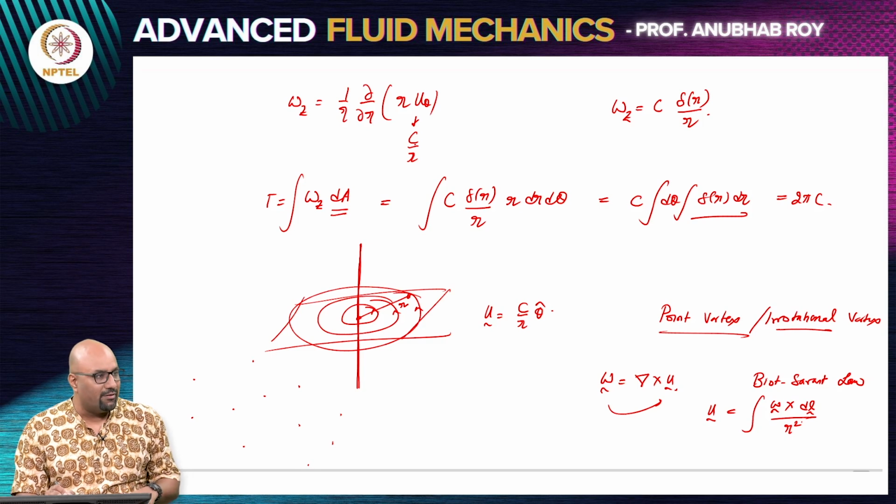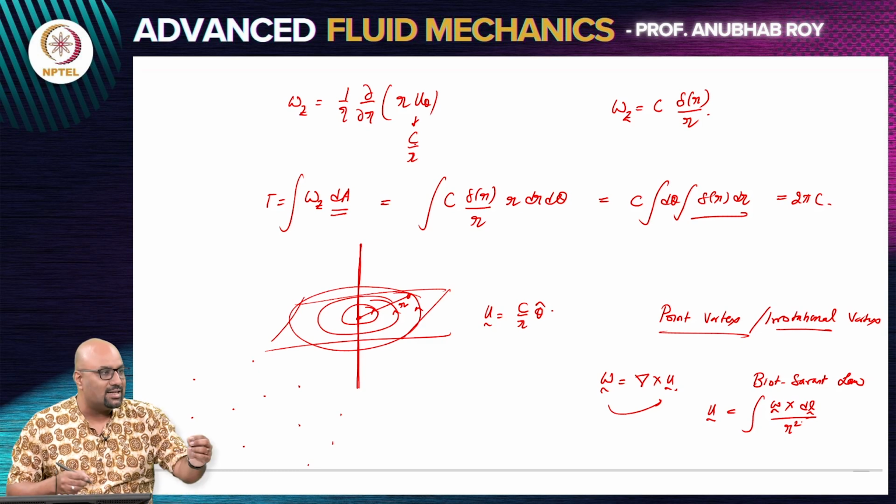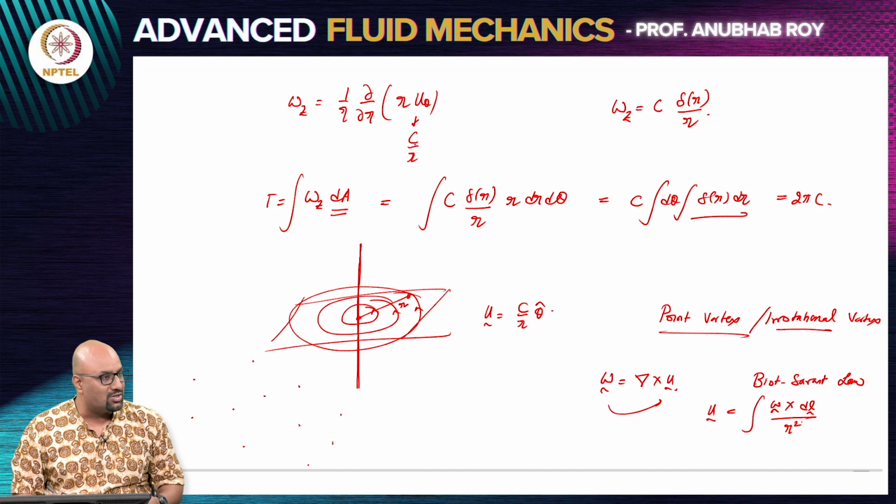You are just tracking 11 objects, but the velocity field that it will generate will be extremely complicated. So, your description of motion is only of 11 entities that are moving and interacting with each other, but that will give you a description of what the complete flow field is.